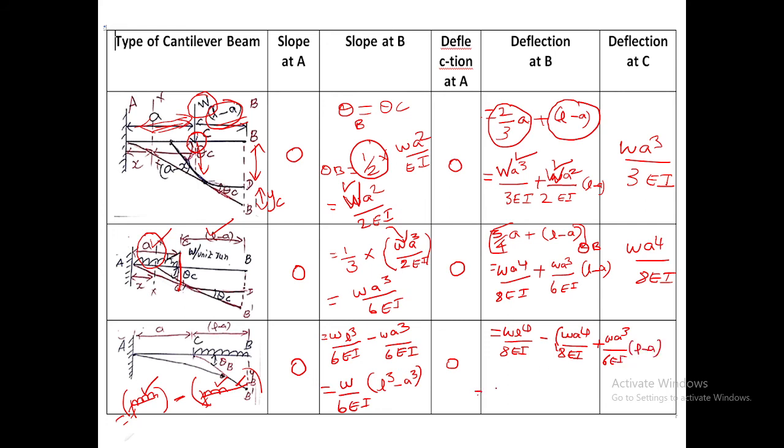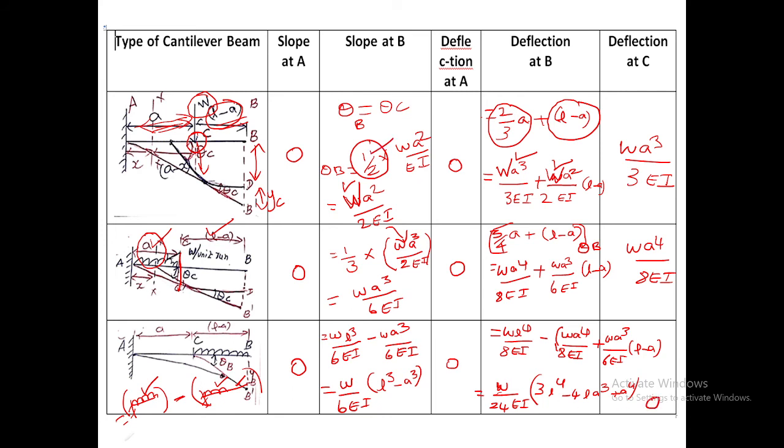So the answer is W divided by 24 EI into (3 L power 4 minus 4 L a cube plus a power 4). So deflection at point C is 0.